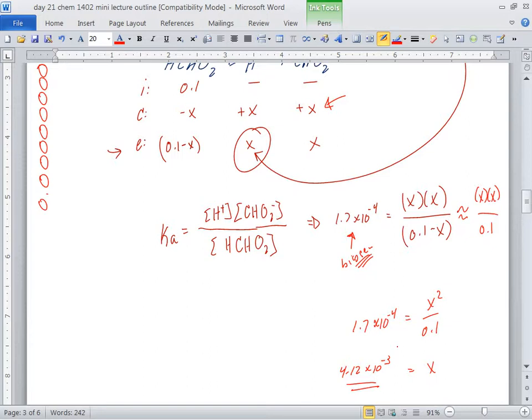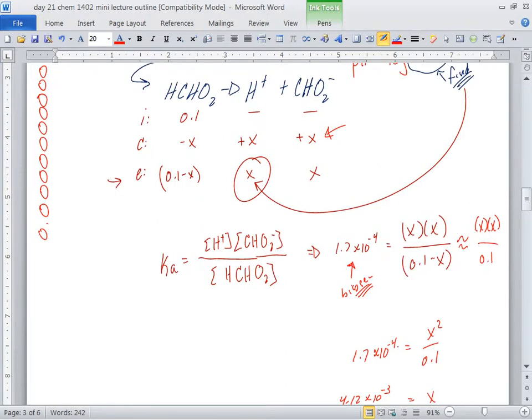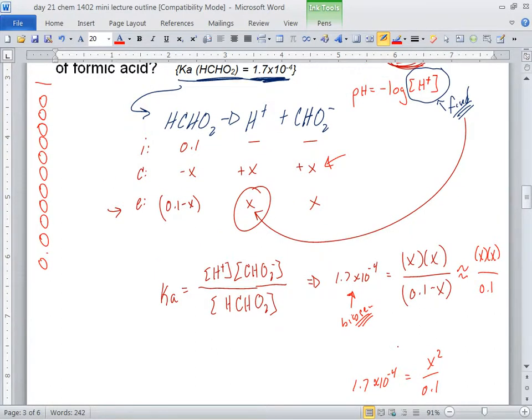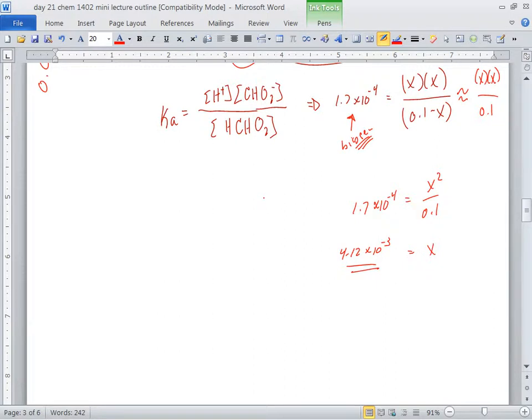They want to know the pH of this. So what do I do? Put it in the log, exactly. Because pH is negative log of H, and H is my hydrogen ion concentration. So just take the log of that number that's in your calculator.